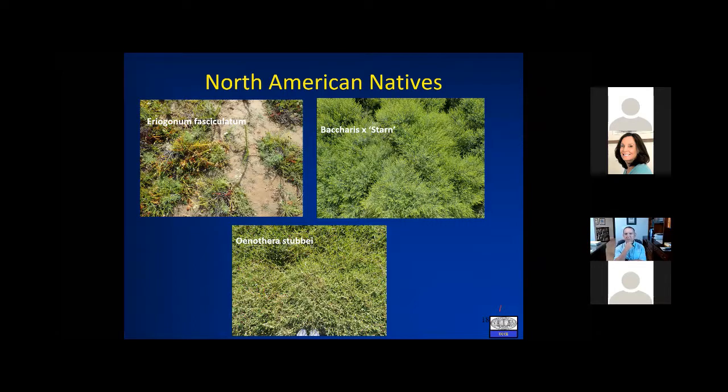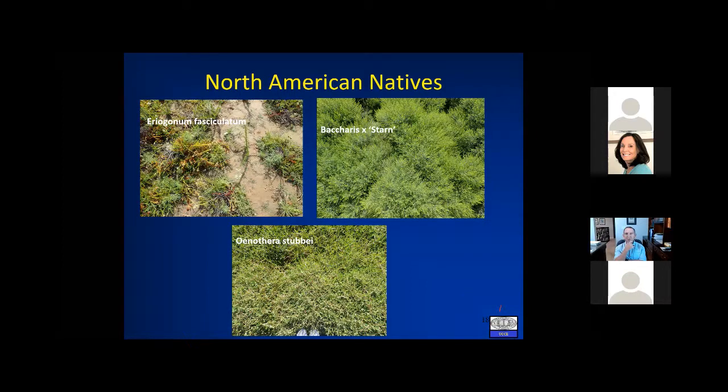That's from Mountain States Nursery. And then Oenothera, which is the evening primrose. These are all native to the Southwest, and they will thrive very well. They will all stay green for the most part, even during drought.